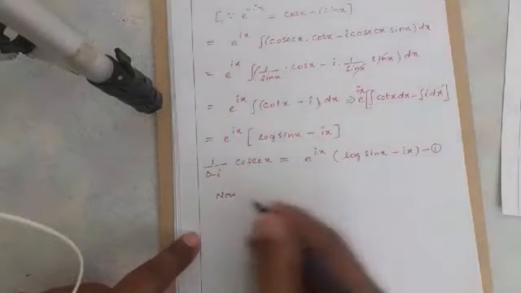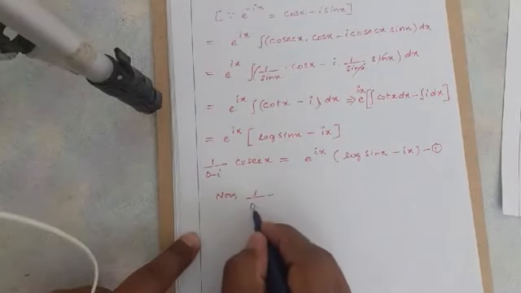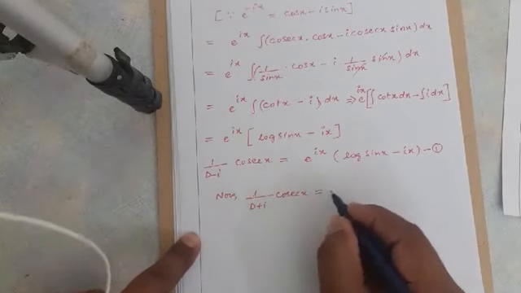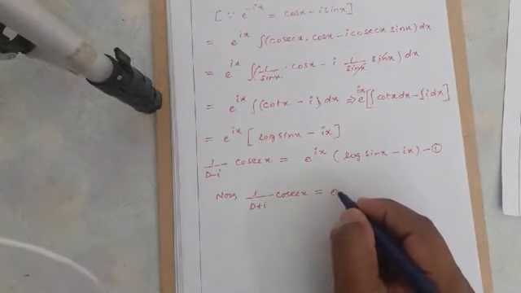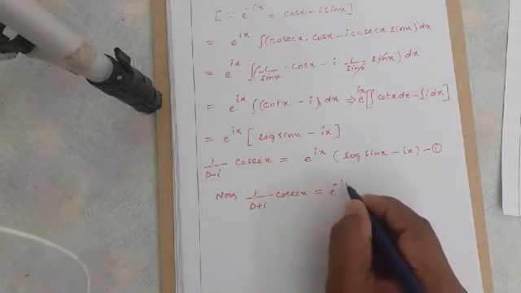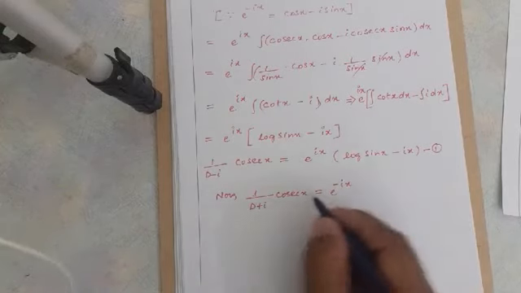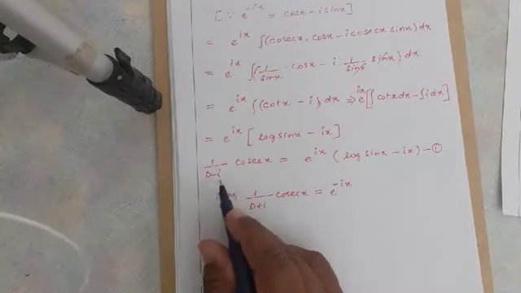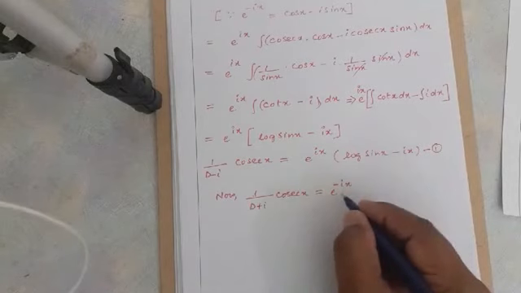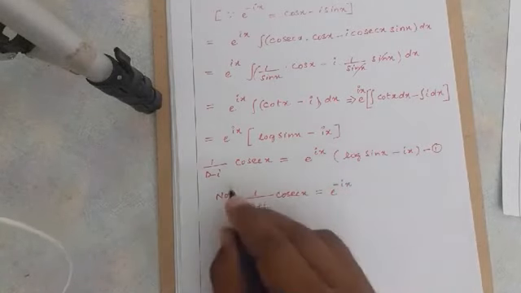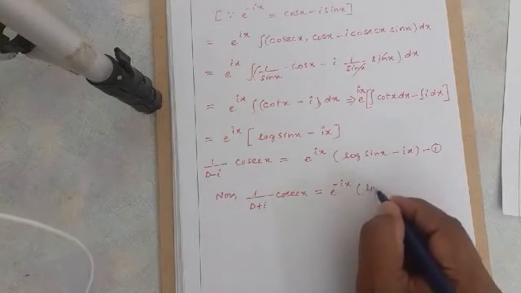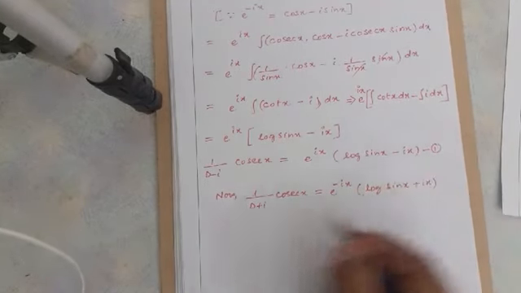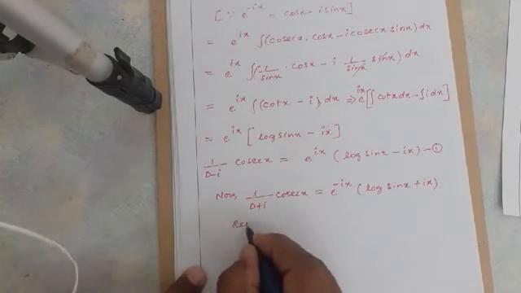For finding 1 upon D plus I cosec x, we can write e power minus ix, because we can just replace I by minus I. I am writing directly by replacing I by minus I, so log sin x plus ix.